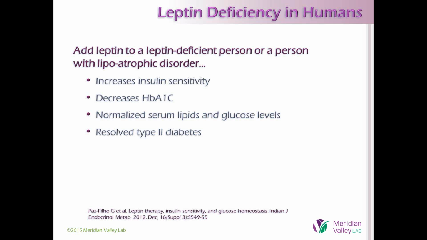I just want to make mention: we're taking these people who are leptin deficient, and then we give them leptin to correct that problem. So now we're going to reverse insulin resistance, we're going to decrease hemoglobin A1C, we're going to normalize their lipids, and basically, in the final analysis, resolve type 2 diabetes.